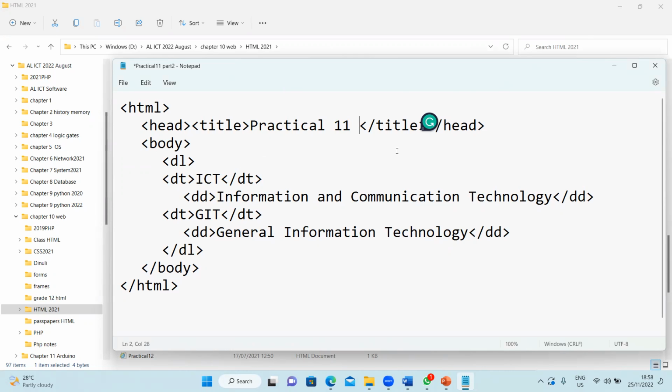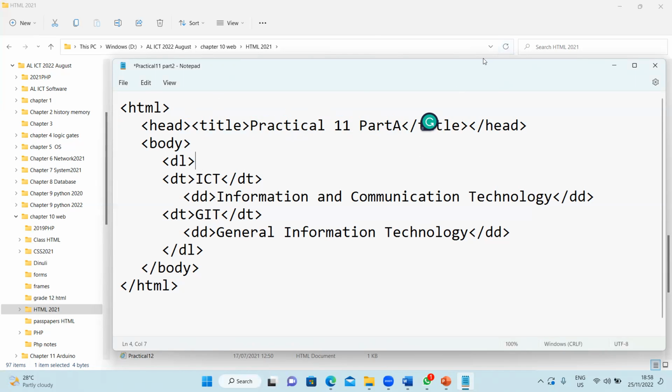You had better take it as practical 11 part A. Then in the title bar, this should display for you. And then inside the body, you have to start the dl, then the dt, like this.